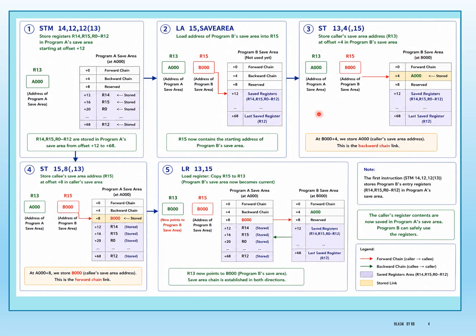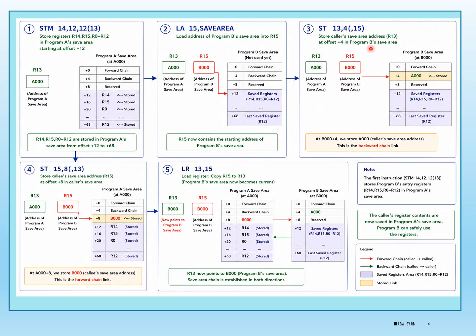But basically what I am saying is that I got called from this program. The address of the save area of that program is A00, and I am taking and storing it in my current save area at an offset of 4. Clear this point?